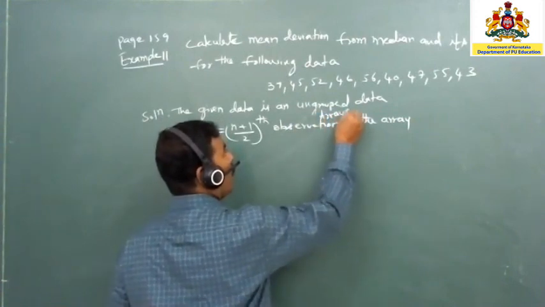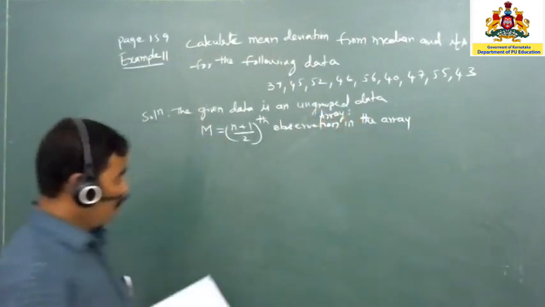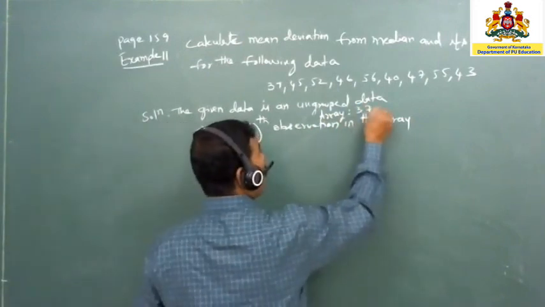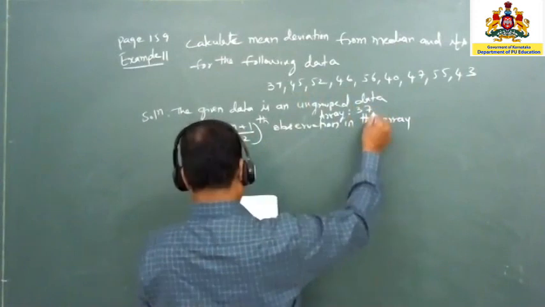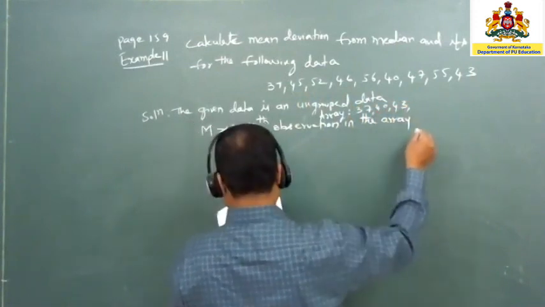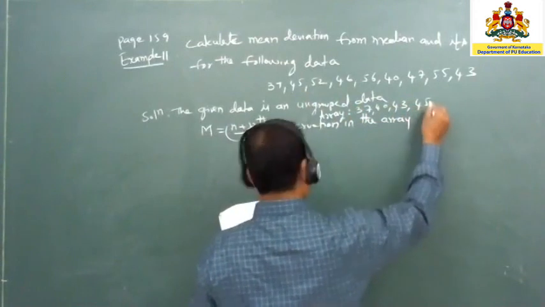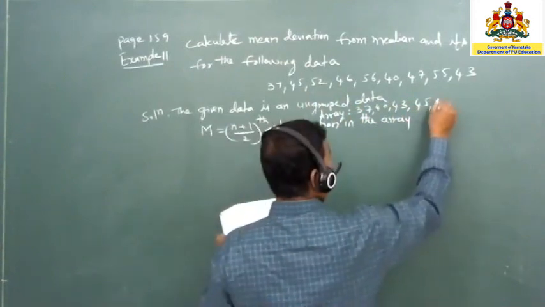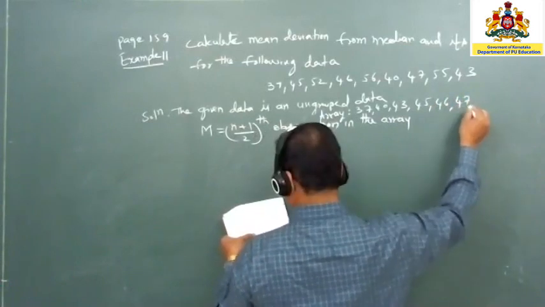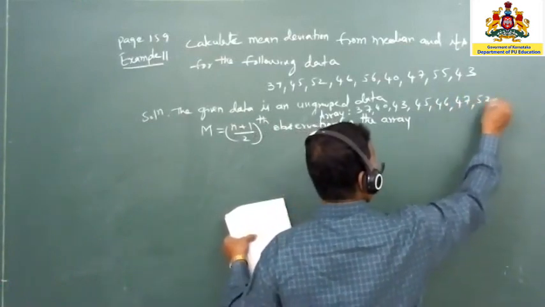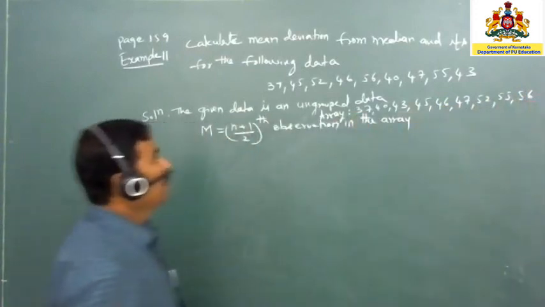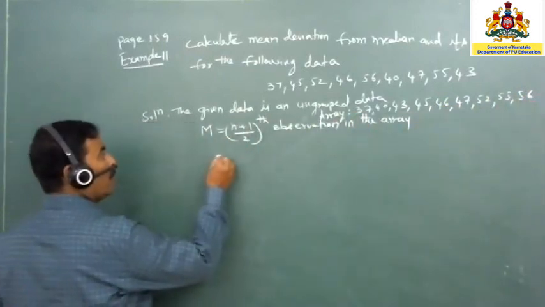I'll write here only. First the least value. Which is the least value? Array is 37, the least value. Then next to the least value, 40, 43, 45, 46, 47, 52, 55, 56. That is the array of observations in order.